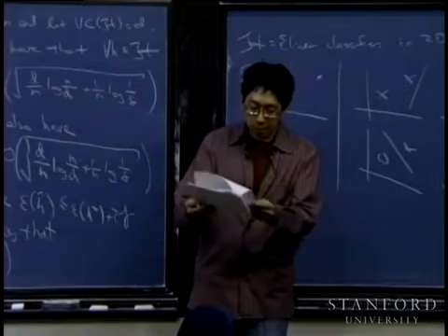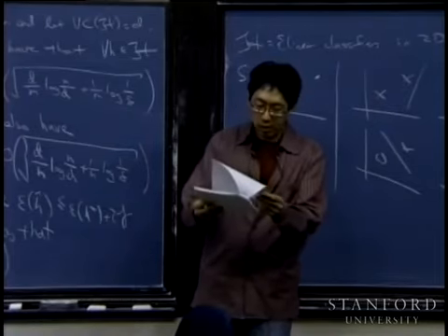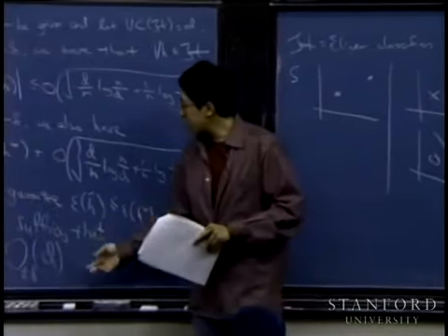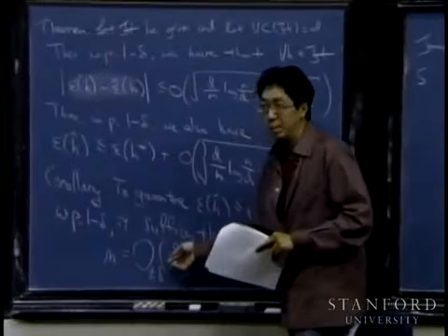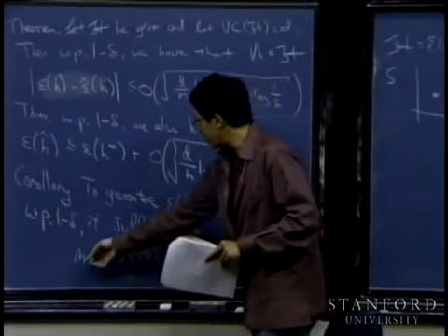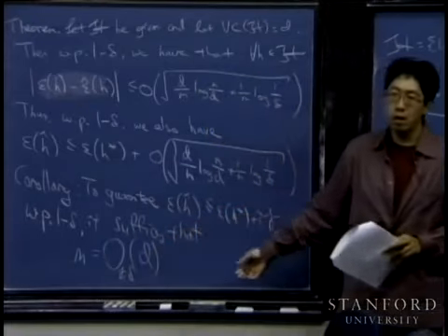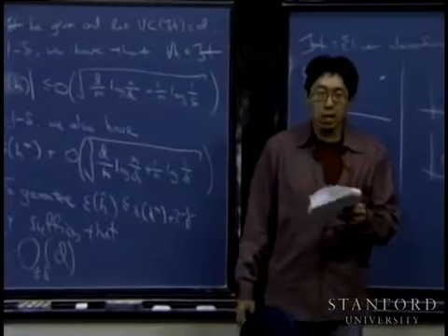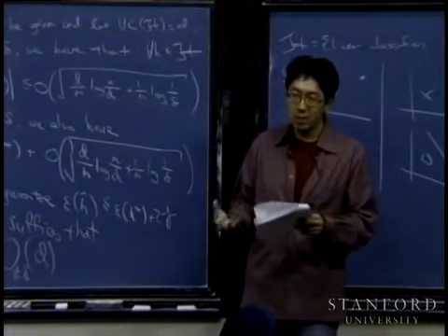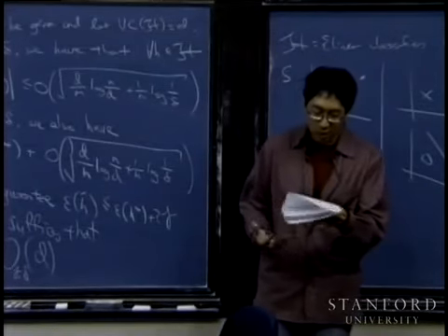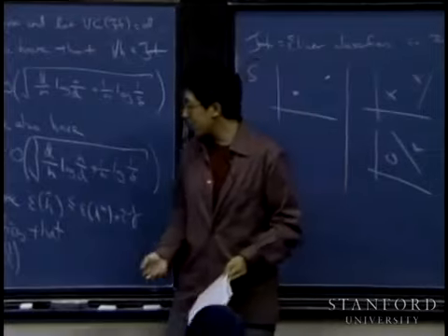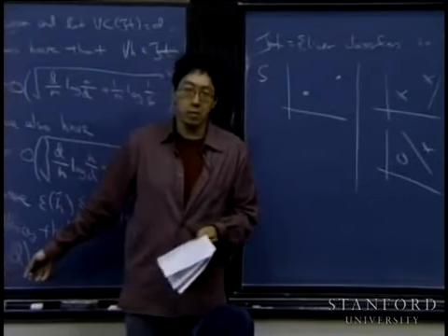Just other things. It turns out that this result shows that sample complexity is upper bounded by VC dimension. That if you have a number of training examples that's on the order of the VC dimension, then you're fine. It turns out that in the worst case, and this caveat in the worst case is important, sample complexity is also lower bounded by VC dimension.